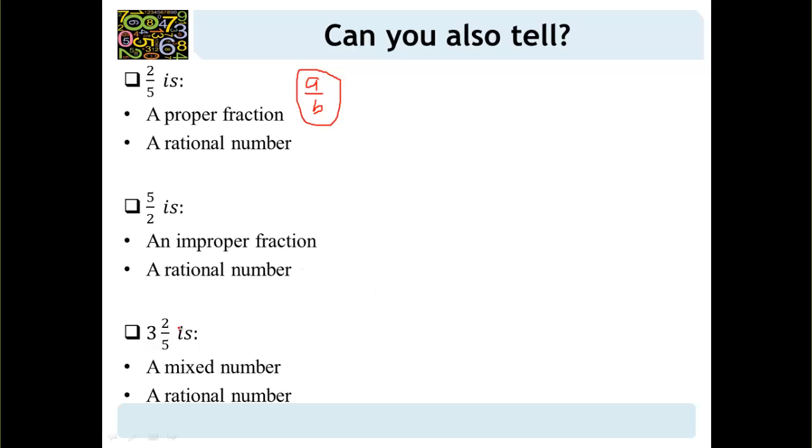You convert this mixed number to an improper fraction. 5 times 3 is 15, 15 plus 2 is 17. So 3 and 2 over 5 is equal to 17 over 5. Now you have expressed it as a over b, where a is 17 and b is 5. Because you have expressed it as such, the mixed number is a rational number.